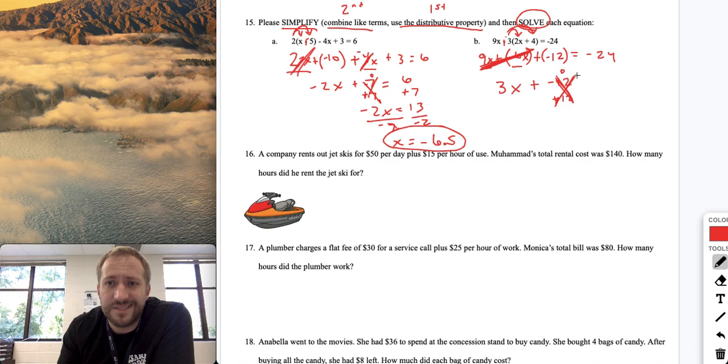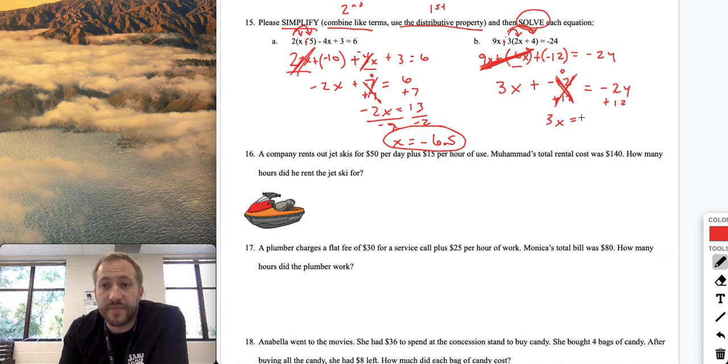Let me go ahead and rewrite this all. So I added 12 over here. I'm going to add 12 to this side as well. So I'm left with 3x equals negative 24 plus 12. That's just negative 12. I'll divide both sides by 3. X is equal to negative 12 divided by 3. That gives me negative 4.